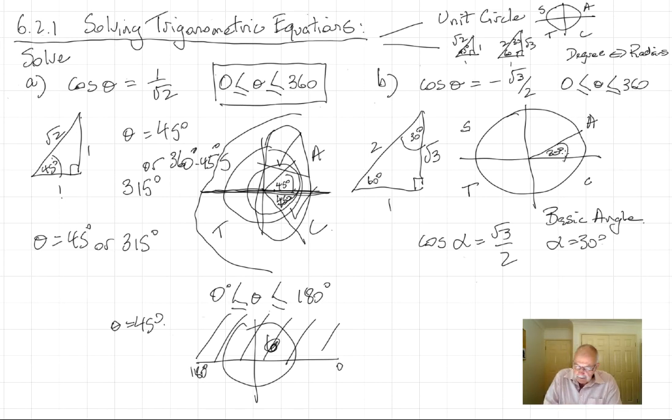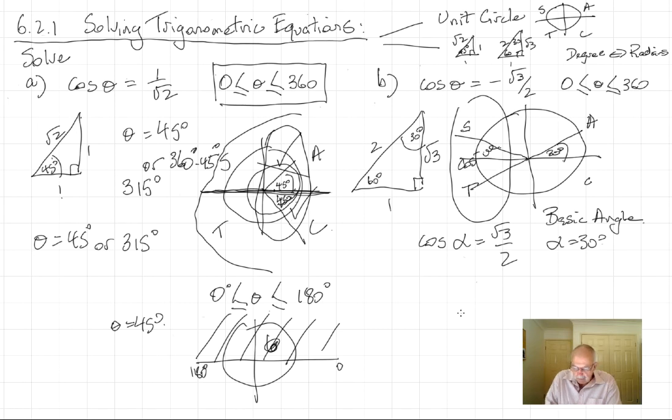Now, obviously, cos is positive there. We want cos negative. Cos is positive in the fourth and cos is positive in the first, so cos is negative in these two. Our basic angle is 30, so we work 30 degrees off that way and 30 degrees off that way.